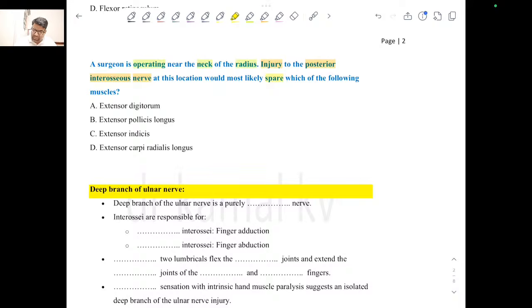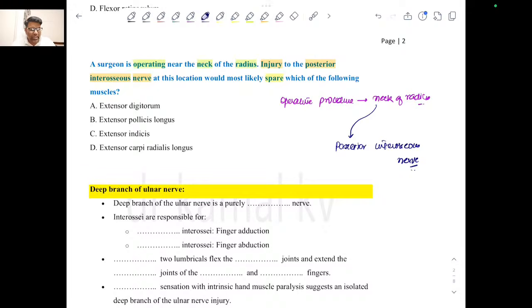So this is an operative procedure around the neck of the radius, and we know that in this area there is a high chance of injury to the posterior interosseous nerve. So here you have to answer one muscle which will be spared. It means it will not be paralyzed because it is not supplied by the posterior interosseous nerve. So out of the options, can you answer which muscle will be spared?